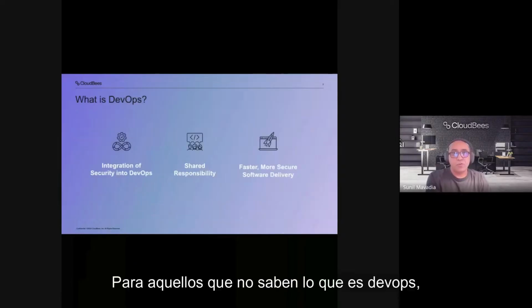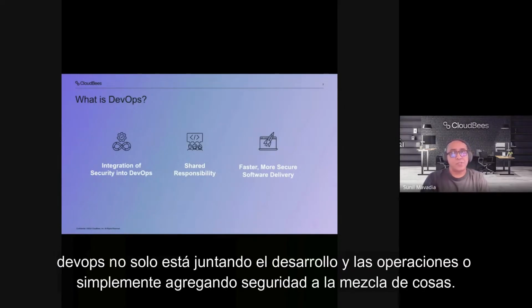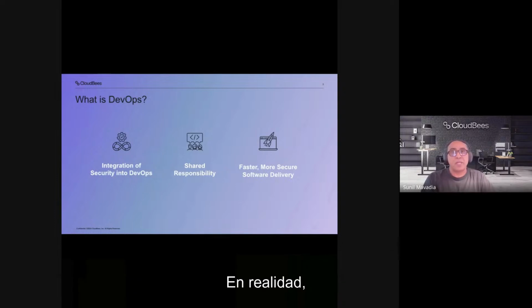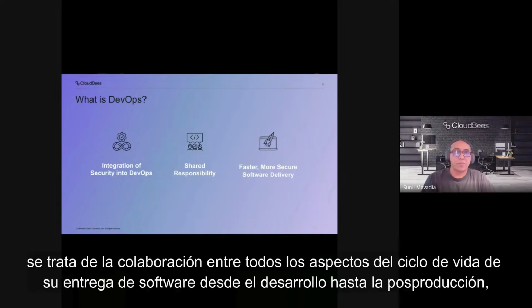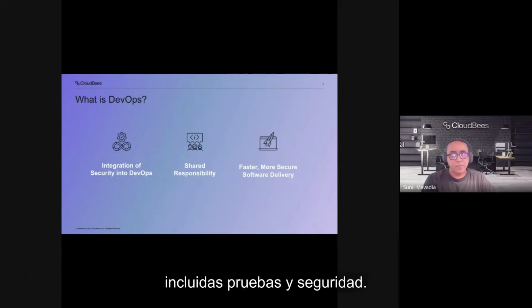For those of you that don't know what DevOps is, it's not just putting development and operations together or just adding security into the mix of things. It is really about collaboration between every aspect of your software delivery lifecycle, from development all the way through to post-production, including testing and security.